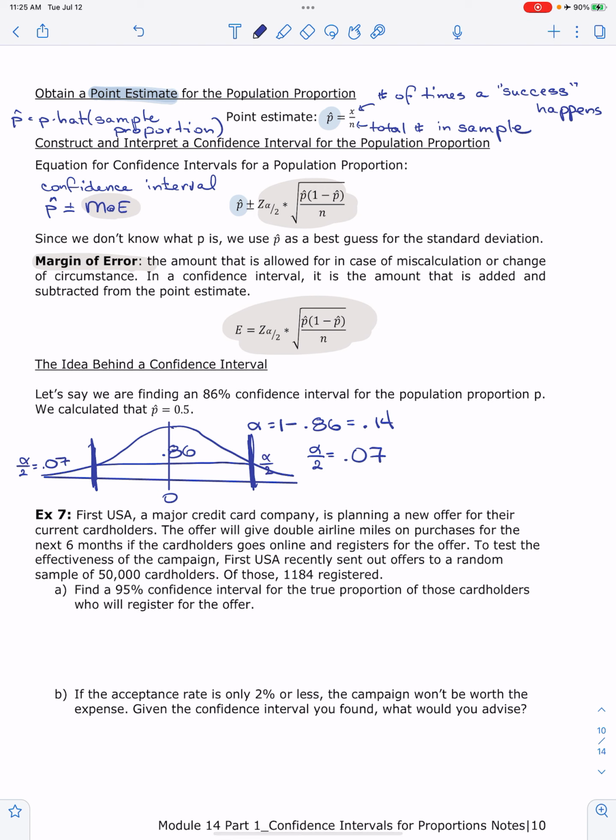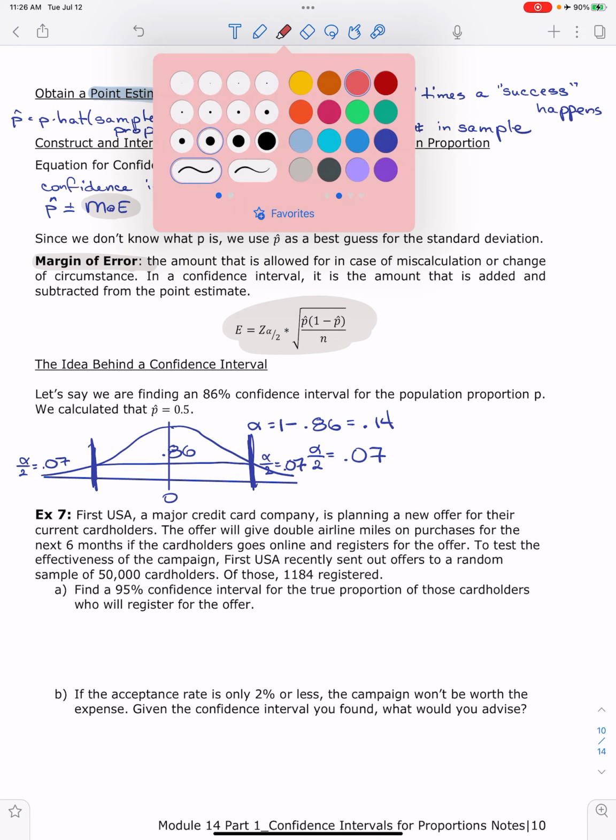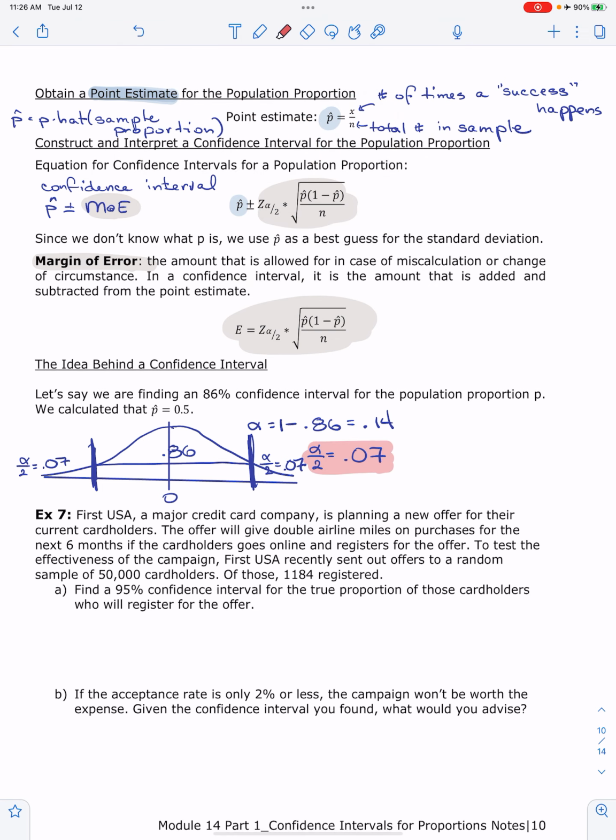My alpha over 2 is the area outside that z-score. Still need to find those z-scores.